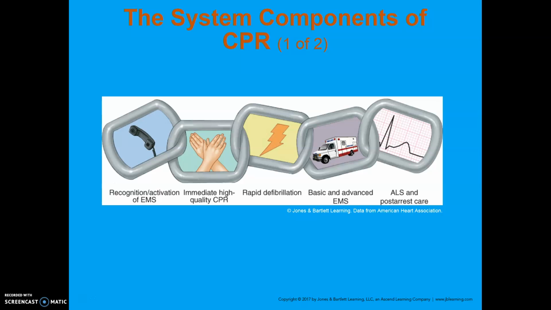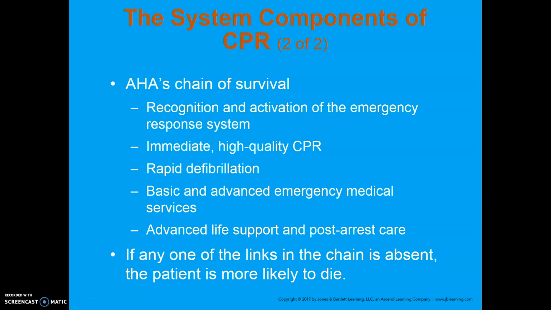If any one of the links in the chain is absent, the patient is more likely to die. So getting ALS called as soon as you recognize that you have a CPR type emergency is definitely critical. And here's this all over again, the same ones that we just saw on the previous slide.